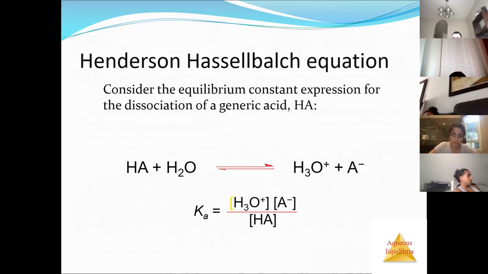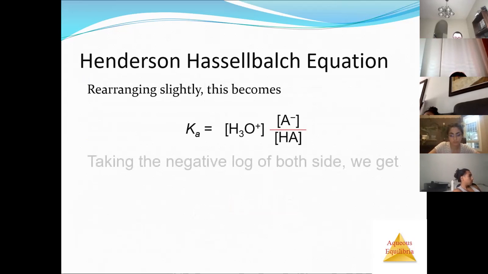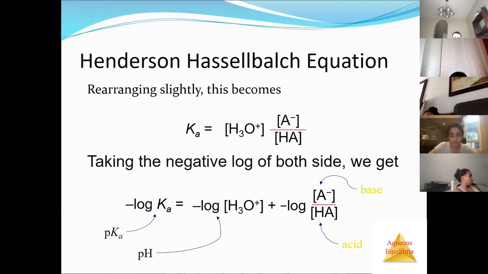If I take the negative log of both sides and rearrange the equation, I get the negative log of Ka on the left, which is the pKa.